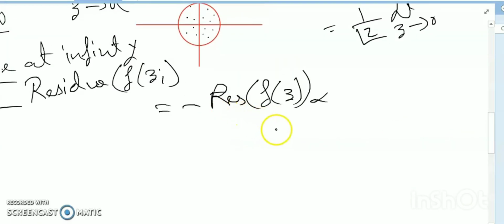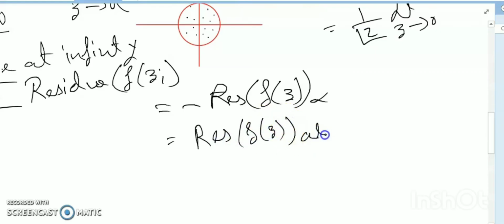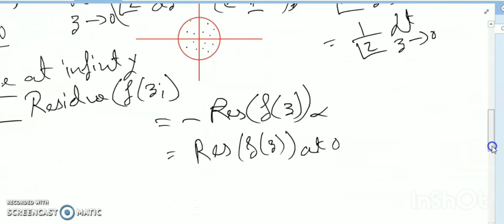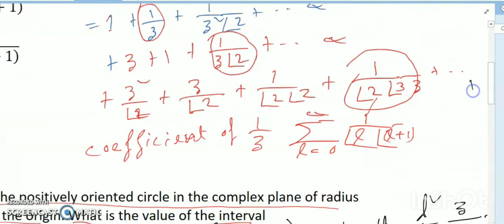So residue of f(z) at infinity, you can say, is the residue of f(z) at 0. Residue at 0 is very simple: it is the coefficient of 1 by z, which I have already solved.